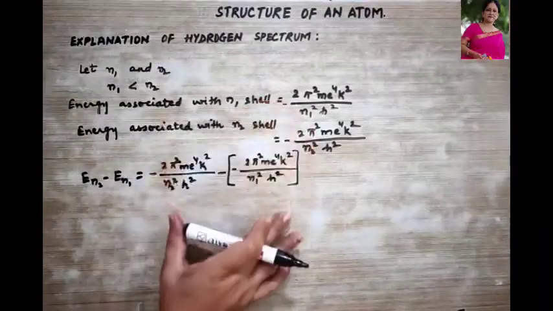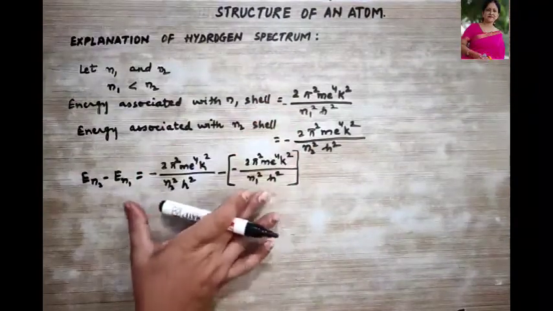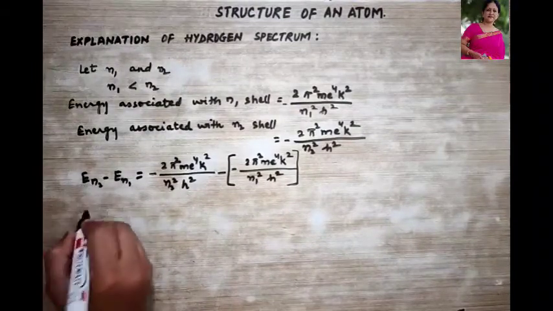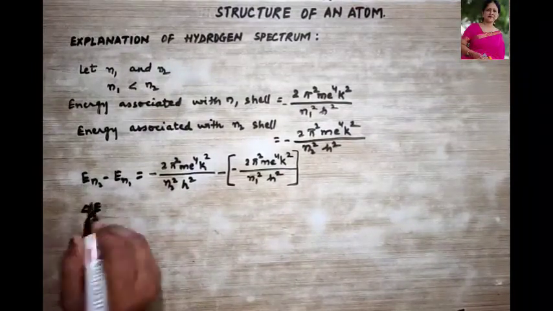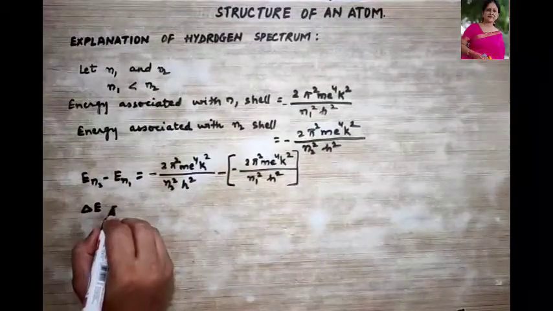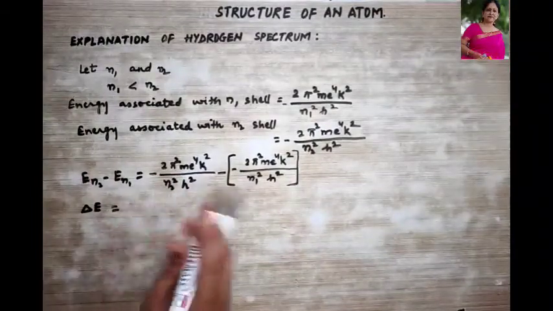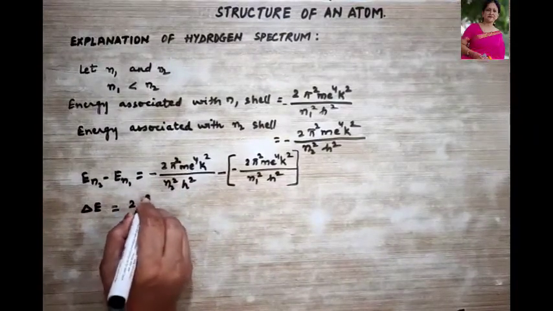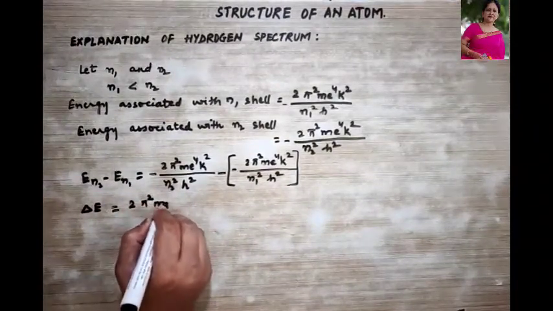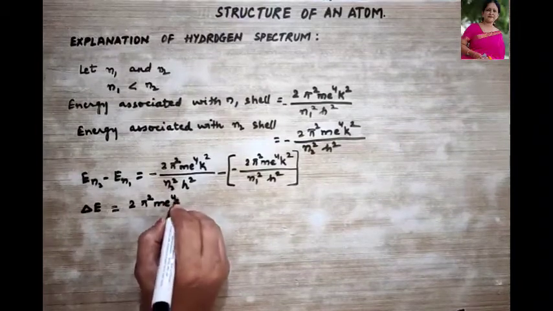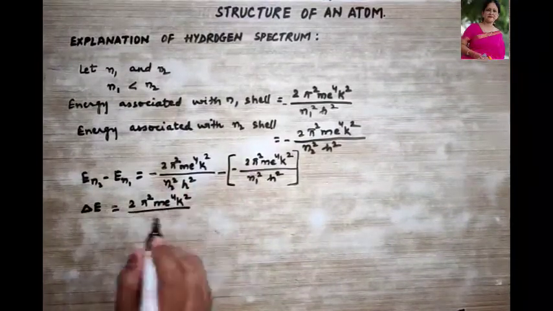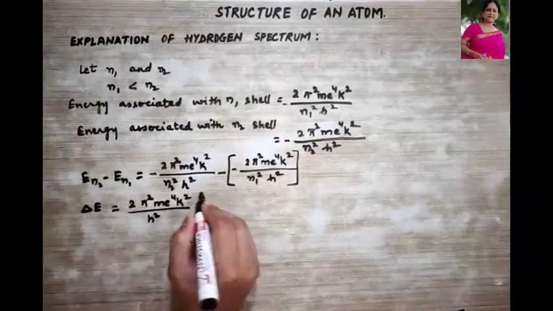Till here I hope everything is clear. Now let us solve this equation. So what is E2 minus E1? That is delta E, just now I wrote it down. So delta E will be equal to what? Let us take the common things outside: 2 pi square m e4 k2 is common, upon h2 is common.